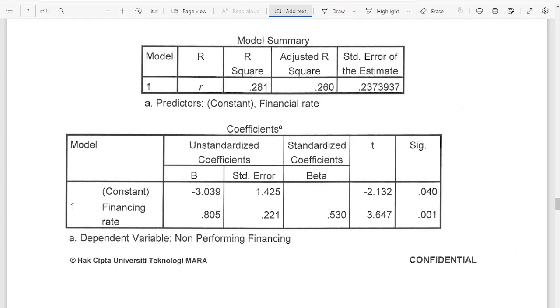Okay, you will get the same answer over there. Okay, this is only for kalau katakan you ada satu saja independent variable. Okay, that is the extra information that I want to give you in terms of how to read the output from the SPSS. Okay, any questions?